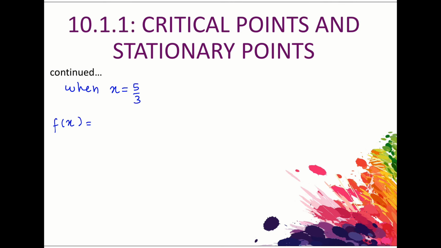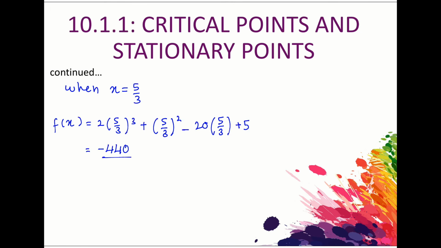So when x is equal to 5 over 3, f(x) is equal to 2 times (5 over 3) cubed plus (5 over 3) squared minus 20 times 5 over 3 plus 5, which is equal to negative 440 over 27.